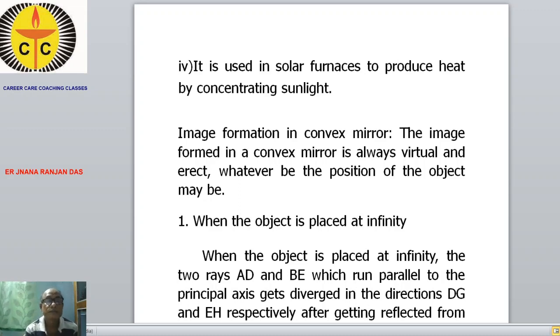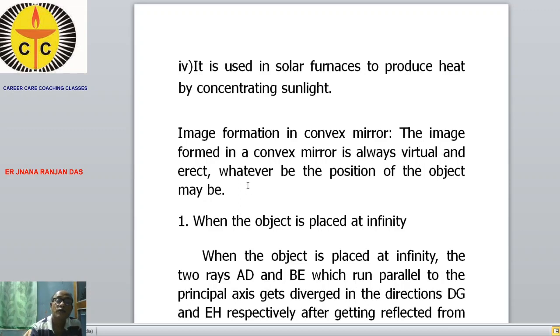So this is all about the concave mirror, its image formation and its applications. Similarly, now we discuss image formation in a convex mirror.